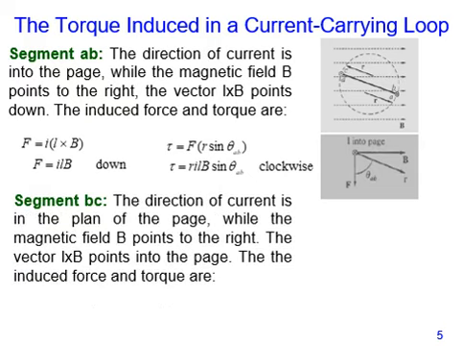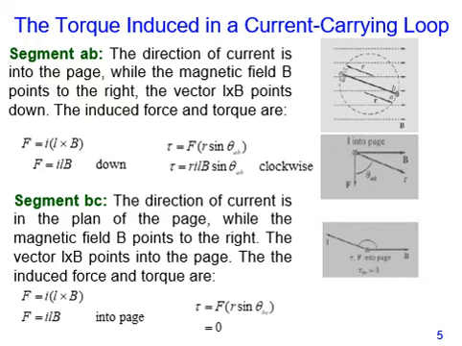Now we talk about the segment BC. In this segment, the direction of the current is in the plane of the page, while the magnetic field B points to the right, as you can see from this figure, and the quantity L cross B points into the page.